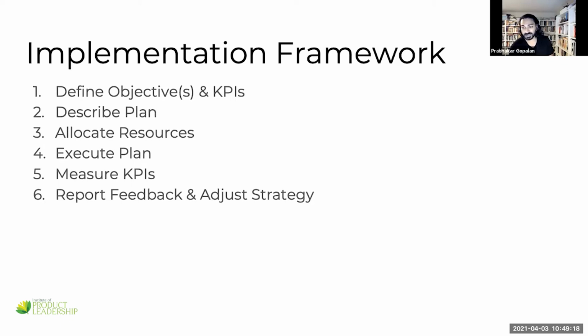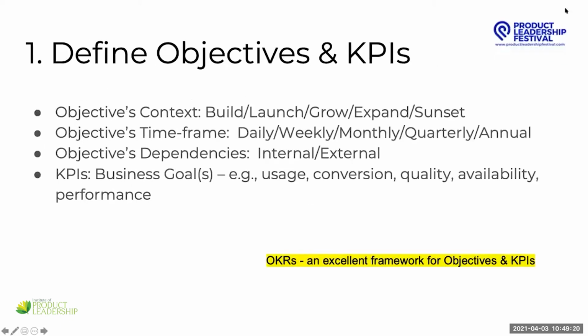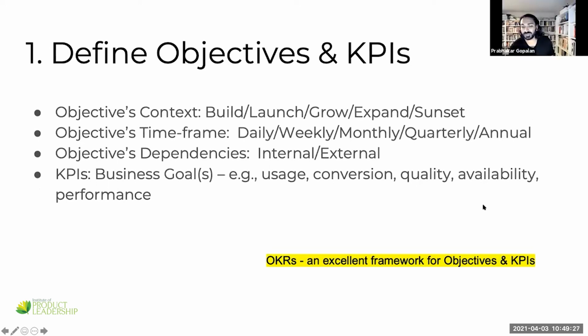All right. Wonderful. So let me give you an example of what we mean by defining objectives and KPIs, right? So before you frame any large, big objective, you have to have certain things about the objective. What is the context of this objective?